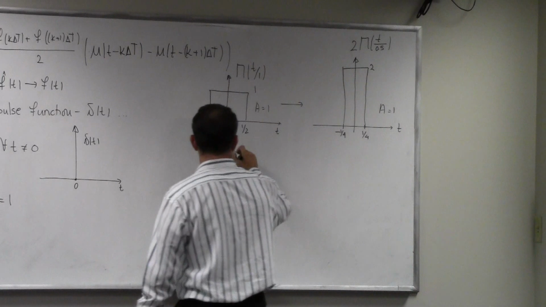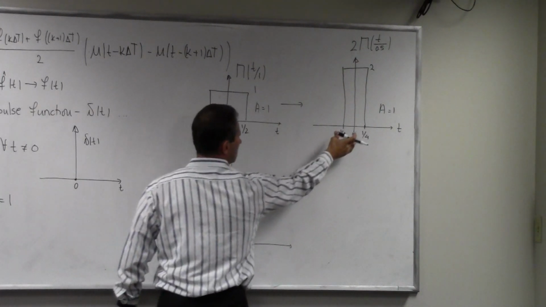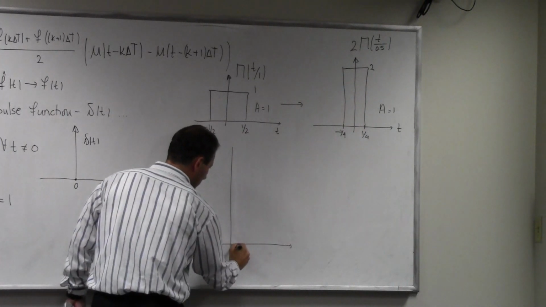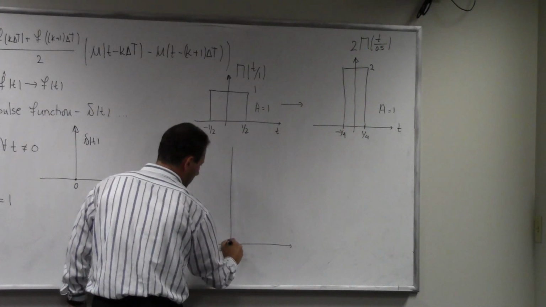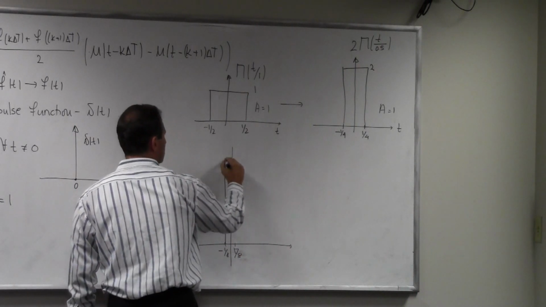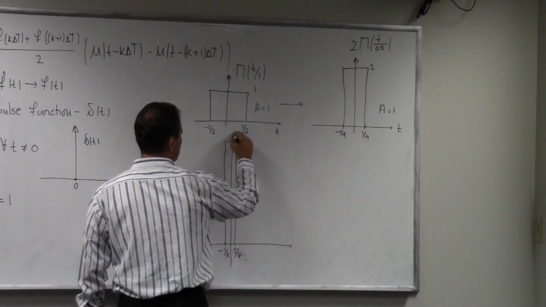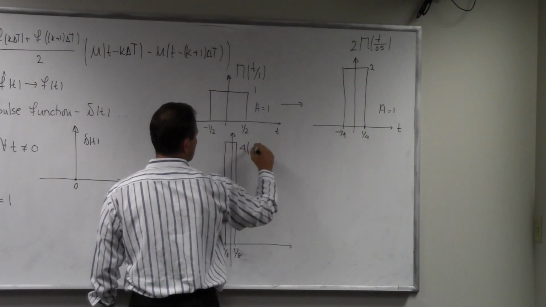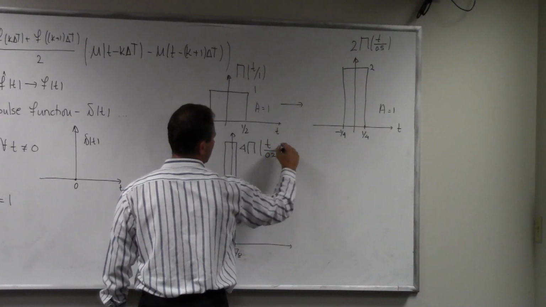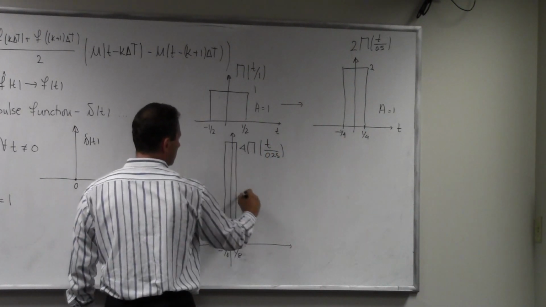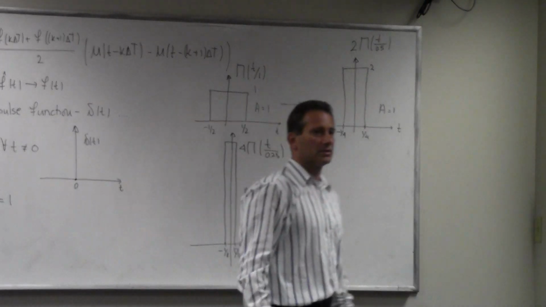Let me do one more time. What I'm going to do here now is take this and cut it once again. So this is from minus 1/8 to 1/8, but the height here is equal to 4. So this pulse here is 4 times pi of t over 0.25. So what is the area here? It is equal to 1. So continue this process.